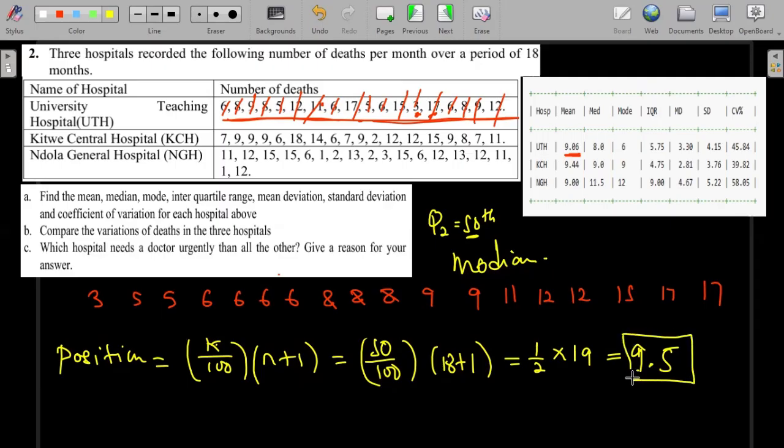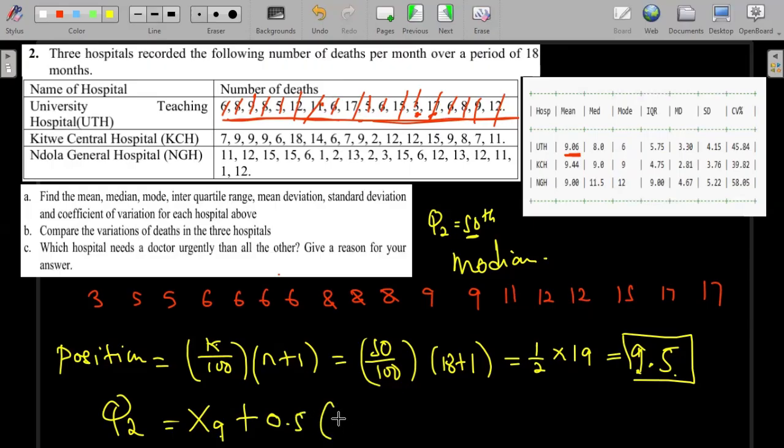So if you find a decimal number, we can't find the position 9.5 in this data set. So what do we do? We use what we call interpolation. So interpolation says that this 9.5, I'm going to divide it into two parts. So I'm going to say my Q2 will be equal to the X value at the ninth position, and then plus 9.5 minus 9, which gives me 0.5.